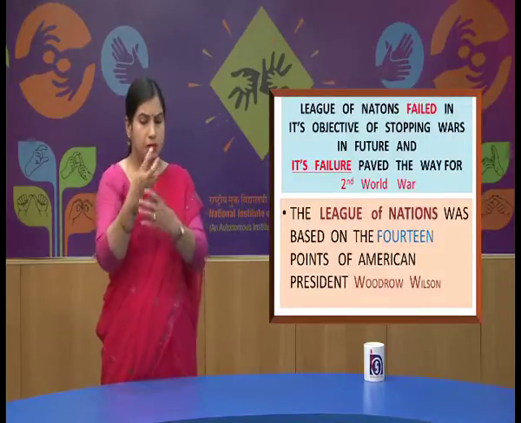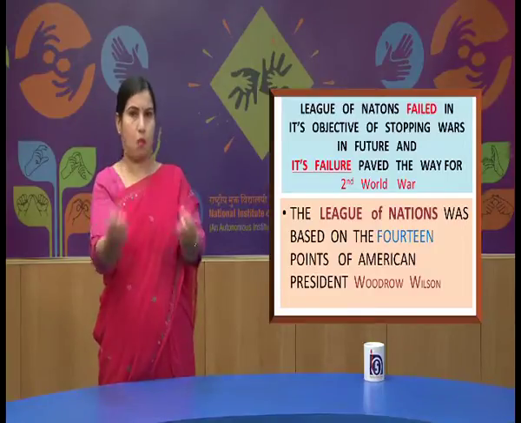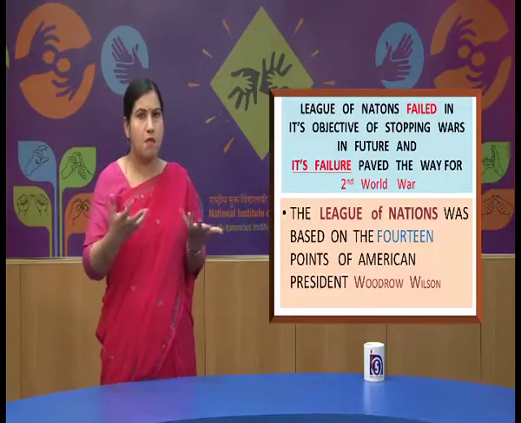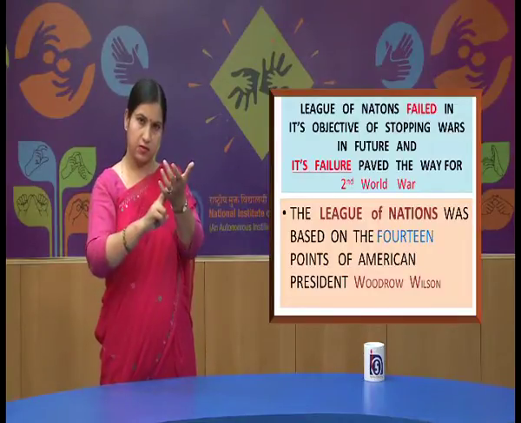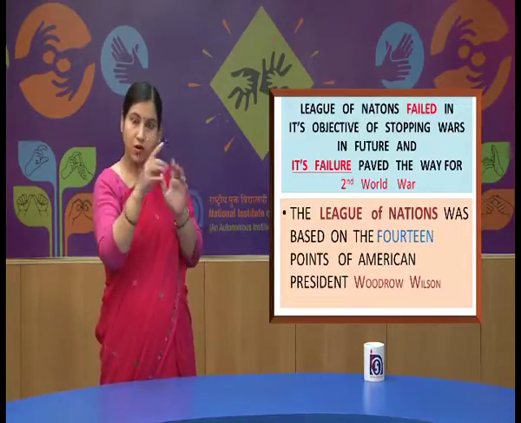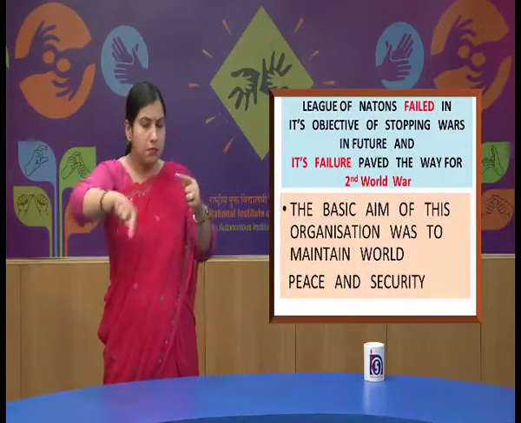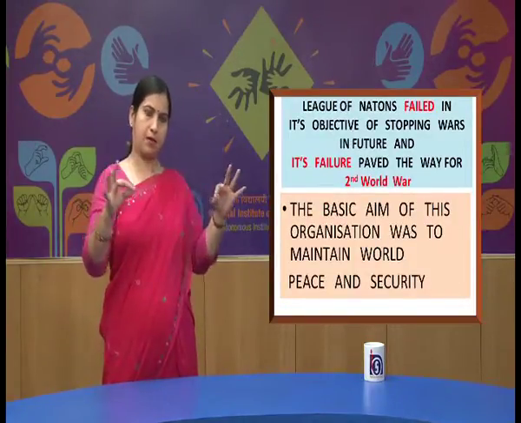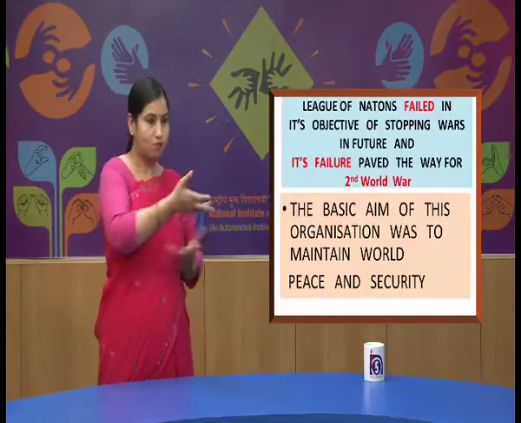This organization was based on the peace program of Mr. Wilson, called Wilson's 14 points. The basic goal of this body was to maintain peace and security in the world and increase cooperation among countries.